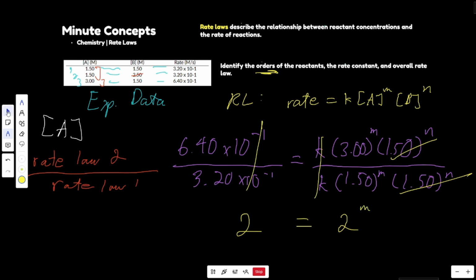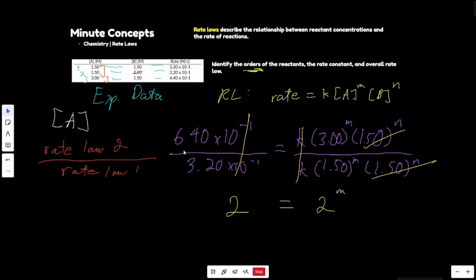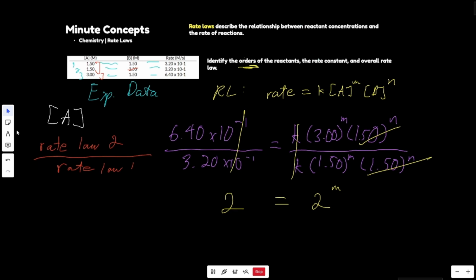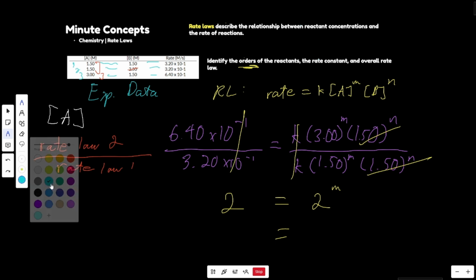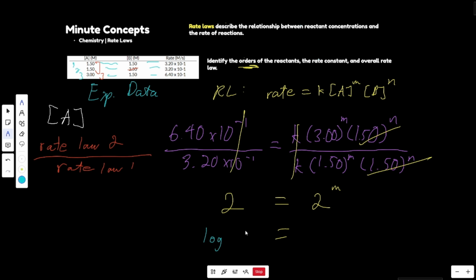Now, when 2 is equal to 2 to the power of M, how do we get M? Well, clearly we can see here that M is going to be equal to 1, because 2 to the power of 1 would be 2. However, we can actually use logarithms here. So an easy way would just be to apply common log. So just apply on your calculator log 2 and then log 2 to the power of M. Now log 2 to the power of M is also equal to M times log 2.